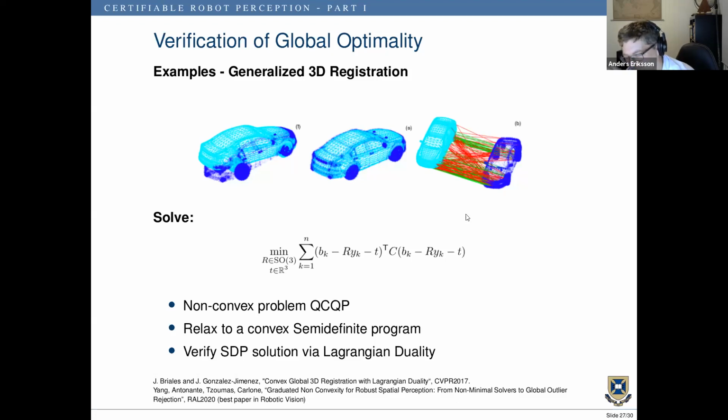And if you then manage to show that the duality gap between those two solutions is 0, then you don't have to do anything more. You basically certify that the solution that I have is the global one. There is no better solution. There are two papers referenced here. One is from Briales et al. and one is from Yang and Carlone, published only a few months ago, I think.